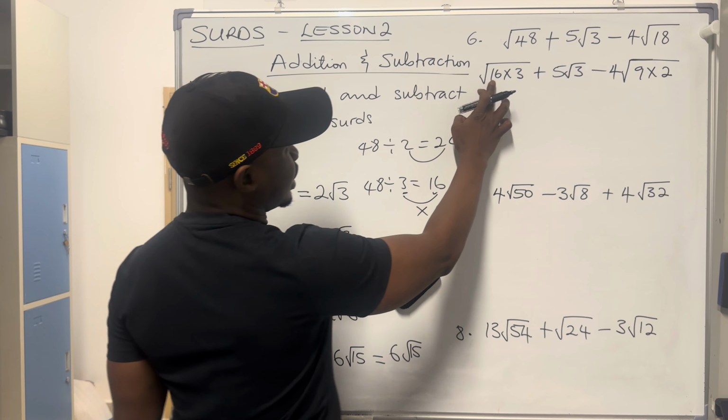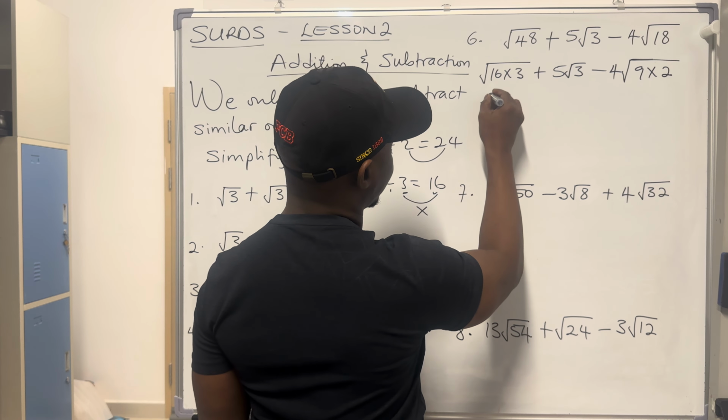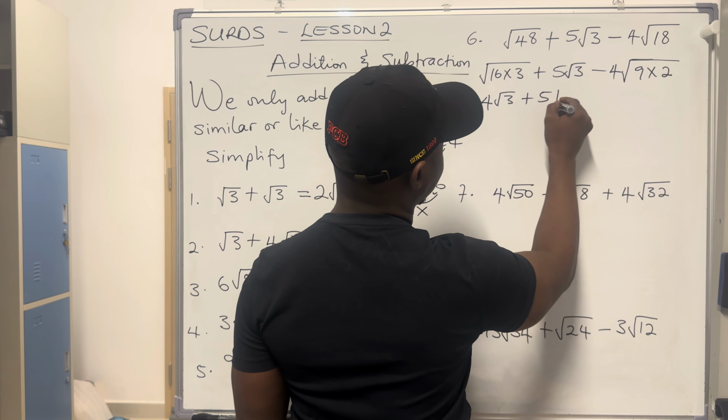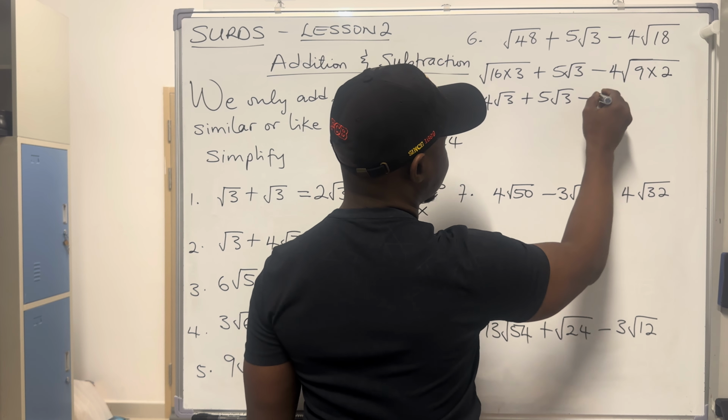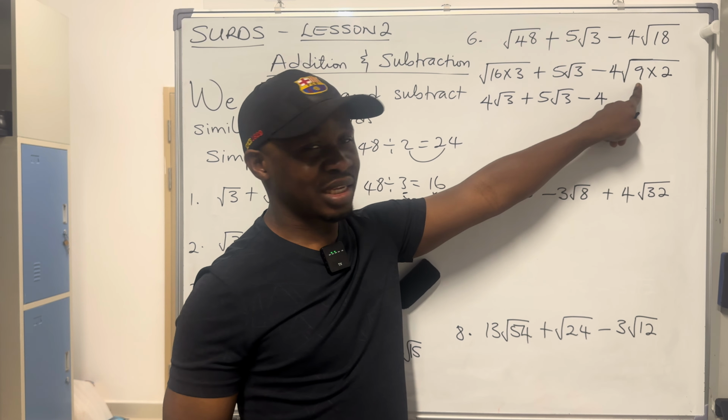So this one is a perfect square. What is the square root of 16? It is 4. You send it out, so 4 root 3. This is 5 root 3. The one we have outside is 4. What is the square root of 9? It is 3.